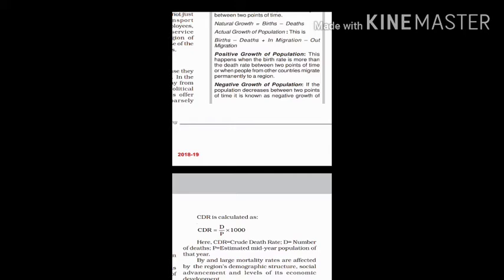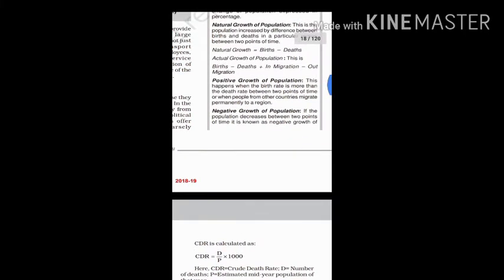Positive growth of population means when birth rate is more than the death rate, and when people migrate from other countries to your country. Positive growth of population means increase in population, and negative growth of population means decrease in population, where the death rate is more than the birth rate and people migrate from your country to other countries.